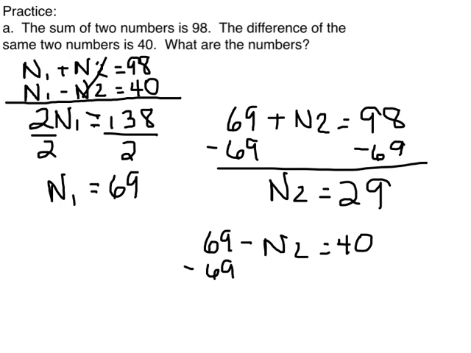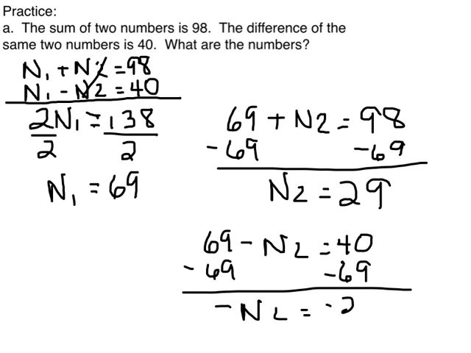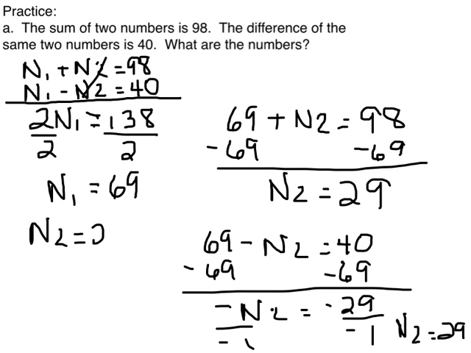And again, if we subtract 69 from both sides, we have negative n2 equals negative 29. And if we divide by negative 1 on both sides, we do see that n2 is equal to 29. So we did get the right answer. So n1 is 69 and n2 equals 29.